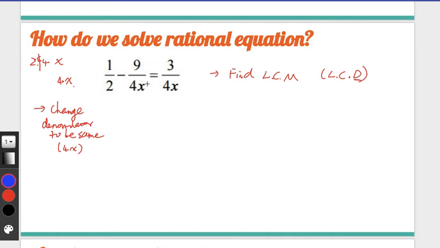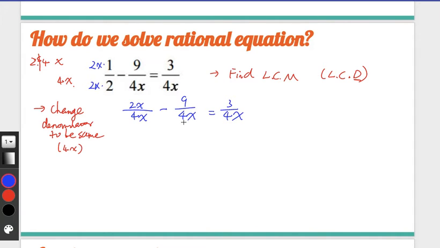Some students probably already figured out, in order to change 2 to 4x, it's going to be 2 times 2x. You're right, very good. So remember, whatever you change on the bottom, you are going to do the same thing for the top. So now I have 2x over 4x minus 9 over 4x equals 3 over 4x.